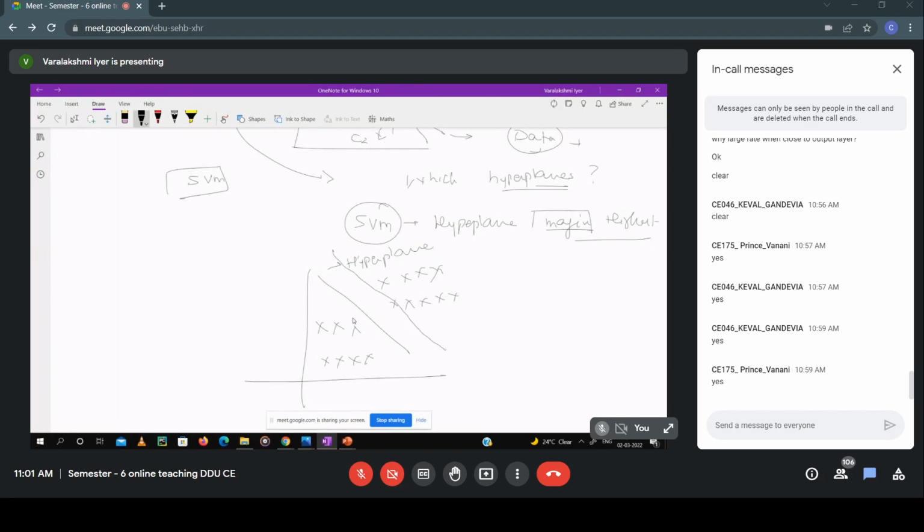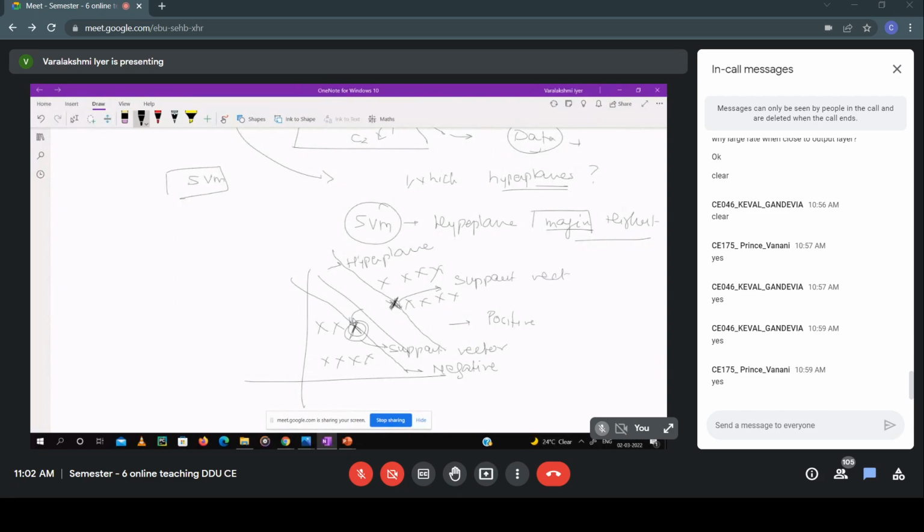We'll be drawing a positive hyperplane on the positive side of our data, and we'll be adding a hyperplane on the negative side as well, where it will be passing through the data point which is closest to the hyperplane, which is known as the support vector. Similarly, this point, which is the closest point to the hyperplane that we are drawing, is also a support vector.